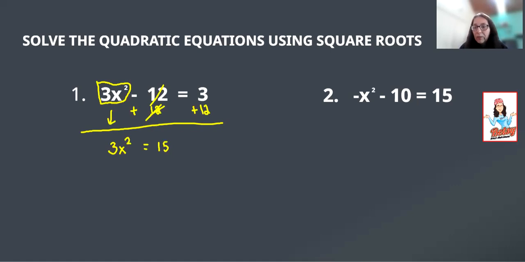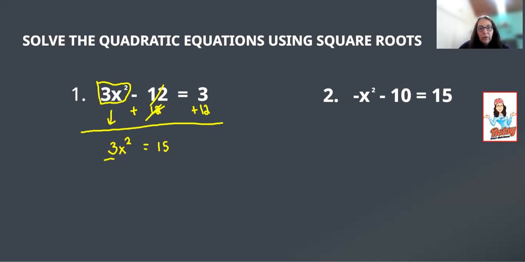I don't want 3 times x squared. Again, I'm trying to get it down to an x. So let's keep getting that x squared by itself. We need to get rid of that 3. How do we do that? Well, they're multiplying. So if they're multiplying, we're going to divide.